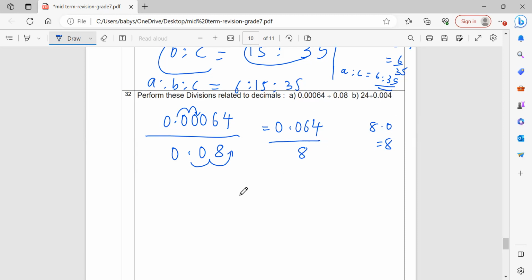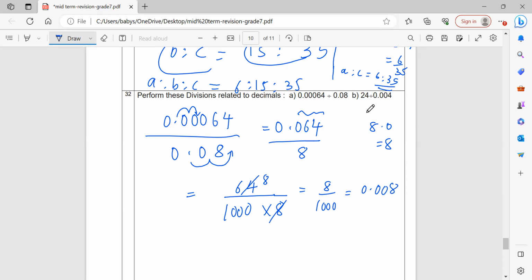So now if you are going to perform the multiplication, it becomes 64 by what? 3 decimal places, no? And then 8 will come down here. So 8 1s are 8, 8 8s are 64. So 8 by 1000, which is 0.008.